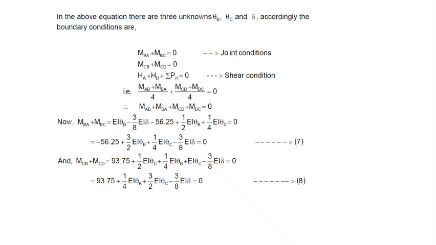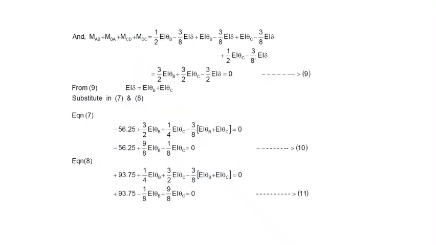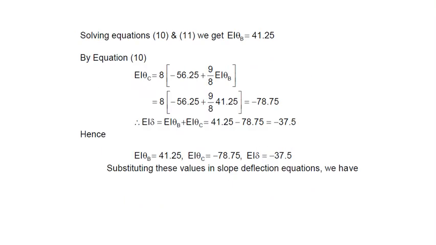So now we have got equation number 7 based on the first joint condition, equation number 8 based on the second joint condition, and equation number 9 based on the third shear equation. So based on these three equations and three unknowns, we can solve it and find the unknowns theta B, theta C, and del.